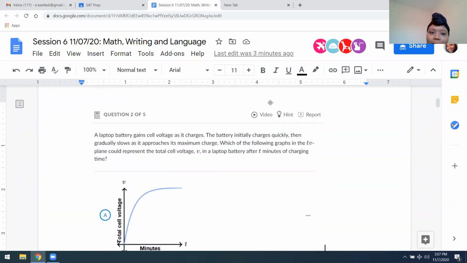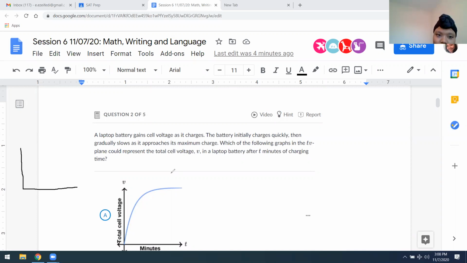Sometimes with these, it's better for me to figure out what the answer might look like before I even look at the answer choices, because sometimes the answer choices can confuse you. I apologize ahead of time for my shoddy Zoom annotating.